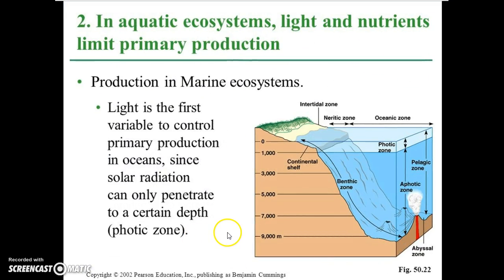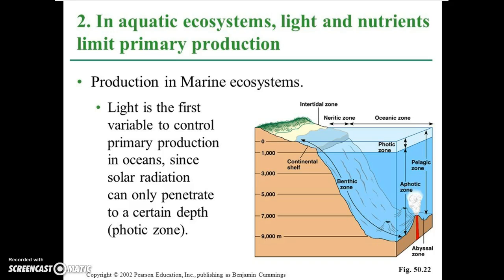So light is the first variable to control primary production in oceans, since solar radiation can only penetrate through that photic zone. And I just wanted to show this diagram because it shows you how small that zone is in comparison to the entire body of water.